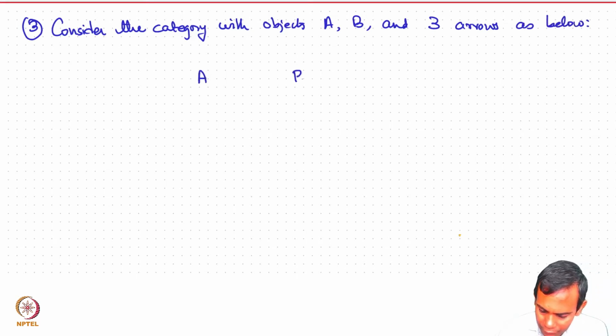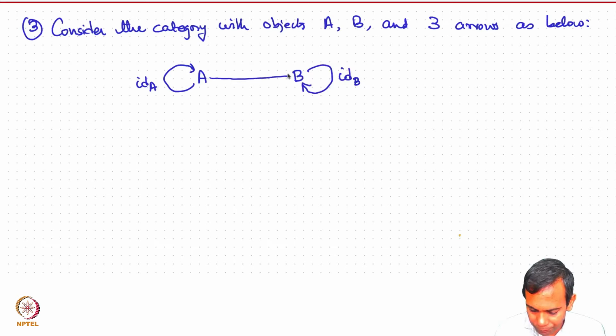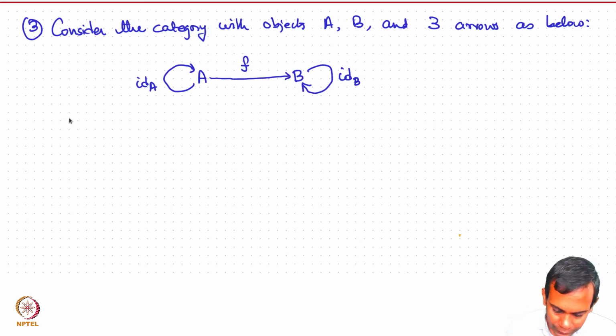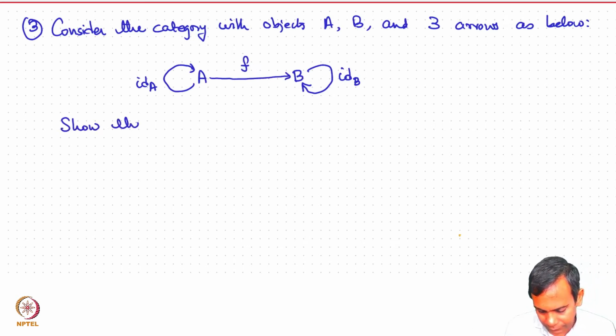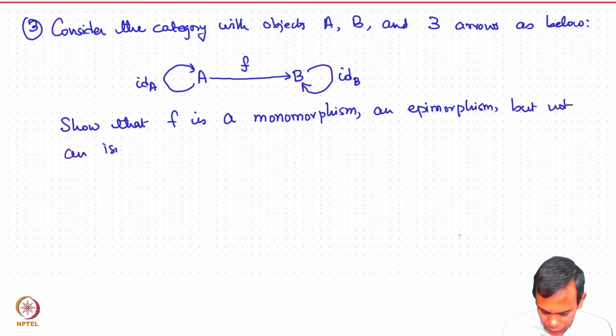So we have an object A, we have an object B. We must have an arrow identity A from A to A. We must have an arrow identity B from B to B. And we will have, let's say, an arrow F from A to B. Okay, so show that F is a monomorphism and an epimorphism but not an isomorphism.